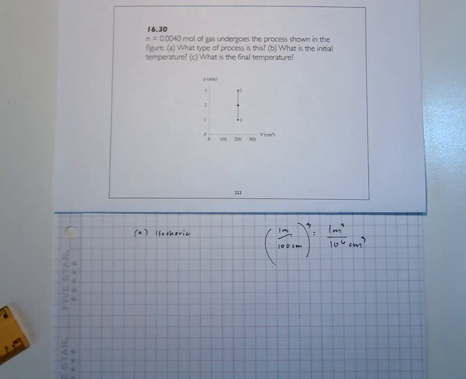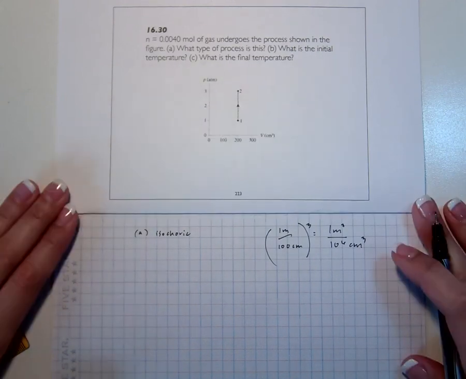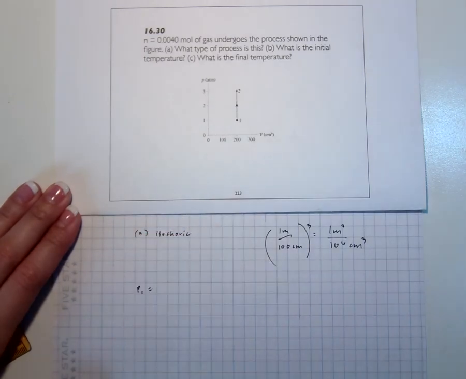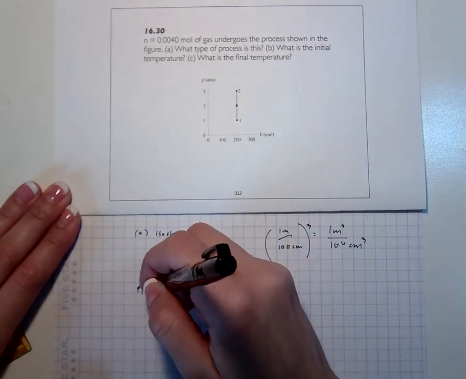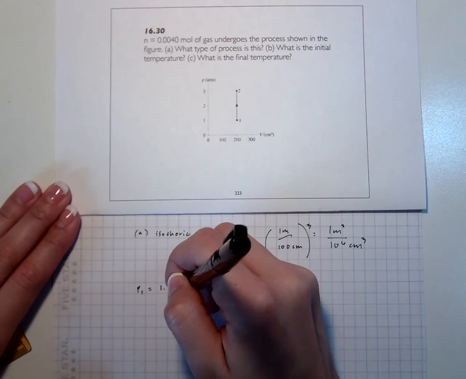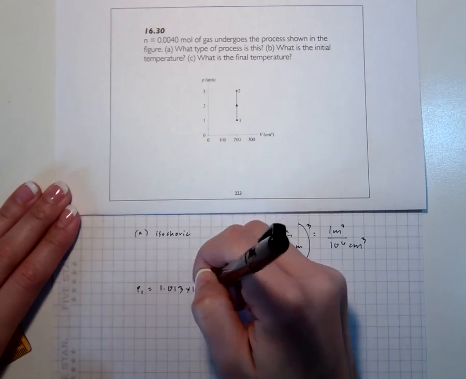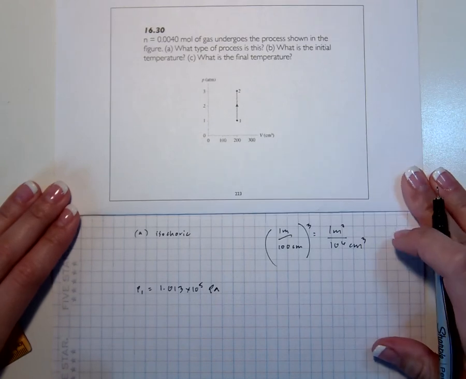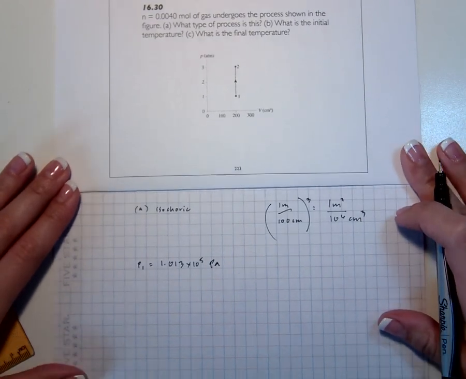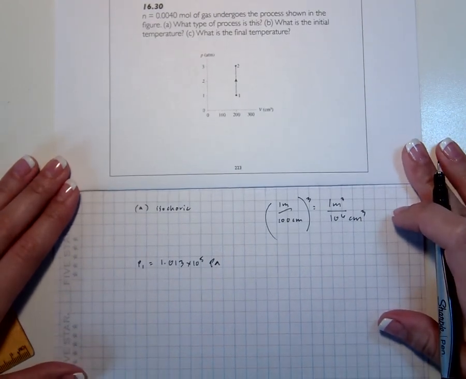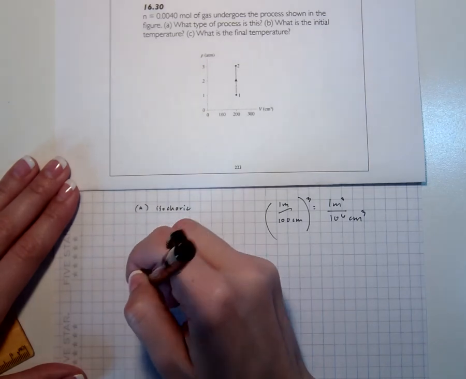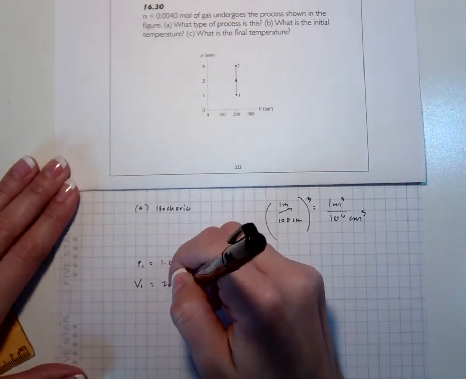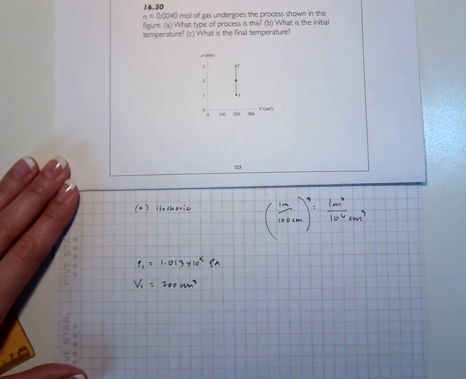So then if we want to find the initial temperature, what do we know? We know P initial is 1 atmosphere, 1.013 times 10 to the 5th pascals, right? We want to put things in terms of SI units. And then we know the initial volume is 200 cubic centimeters.